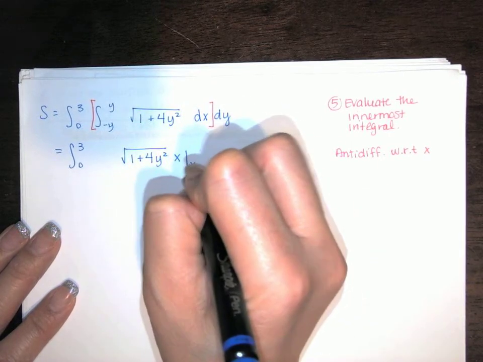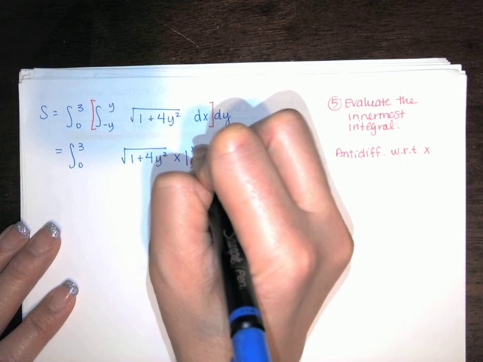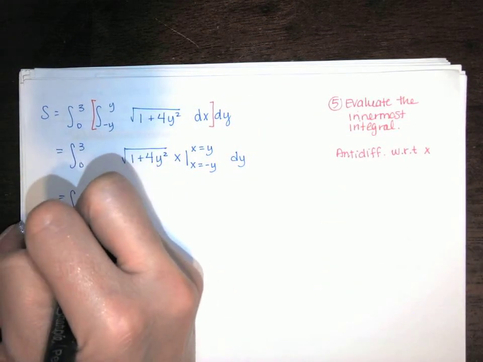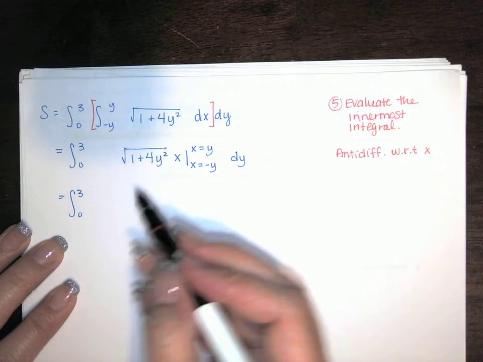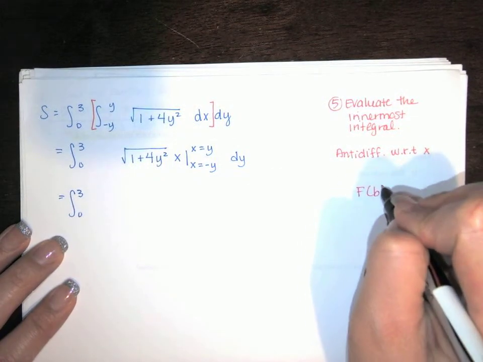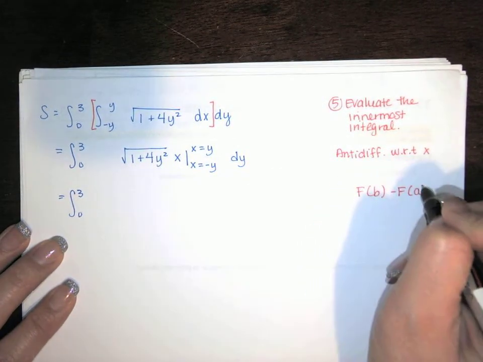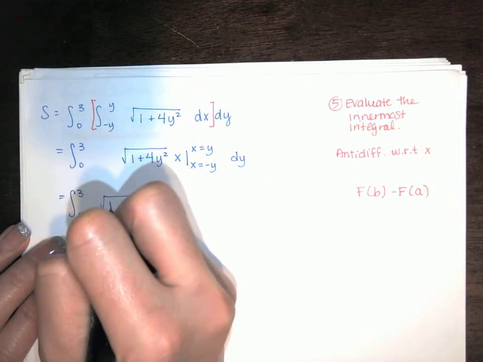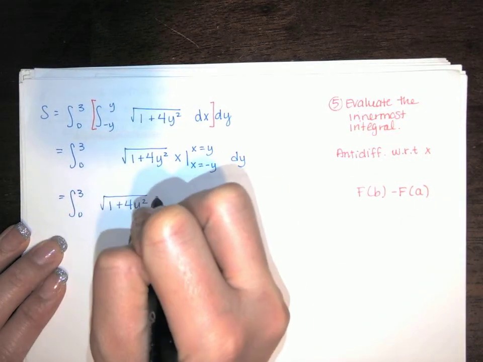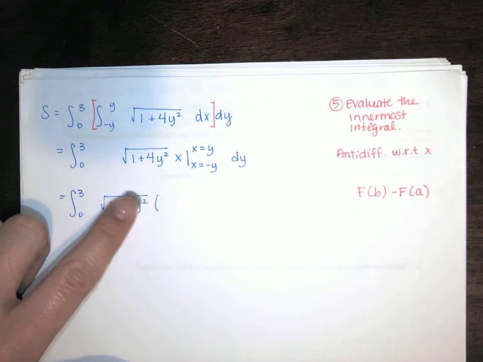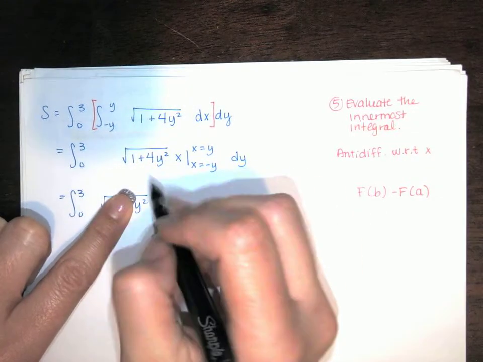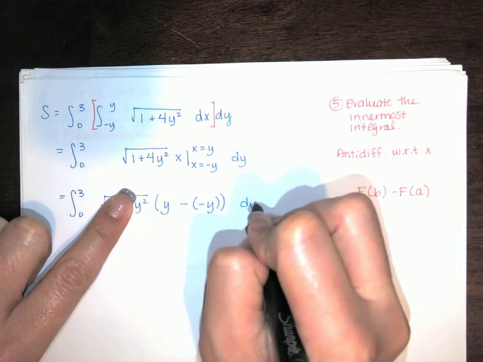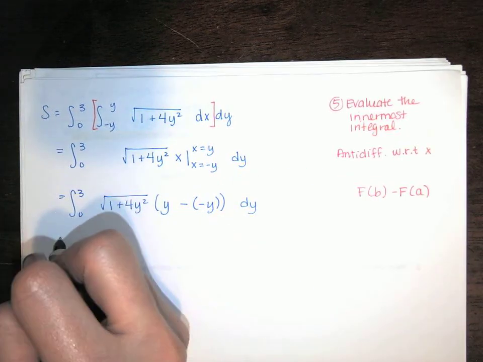And then we'll evaluate this from x equals negative y to x equals positive y. After we've anti-differentiated, we use the fundamental theorem: substitute in the upper bound, substitute in the lower bound, and subtract. So I'm just factoring out that this is a constant. The upper bound is y, the lower bound is negative y. We're subtracting those, so this gives me a 2y.